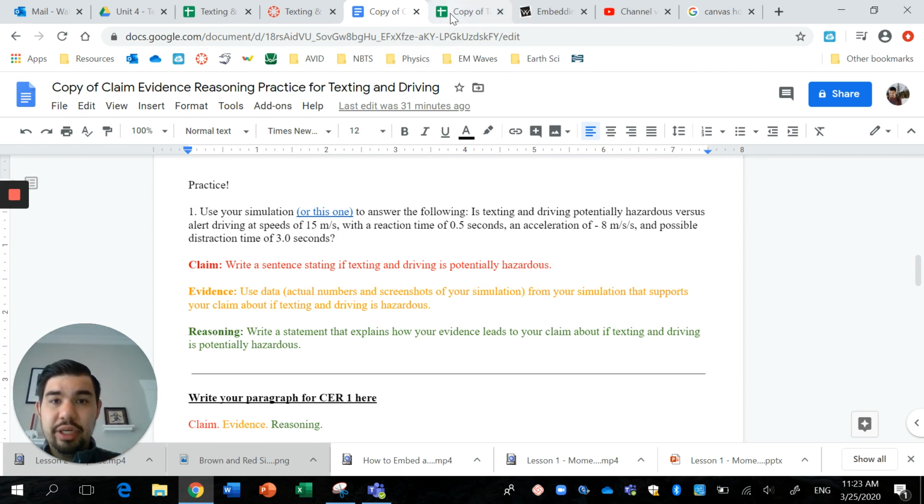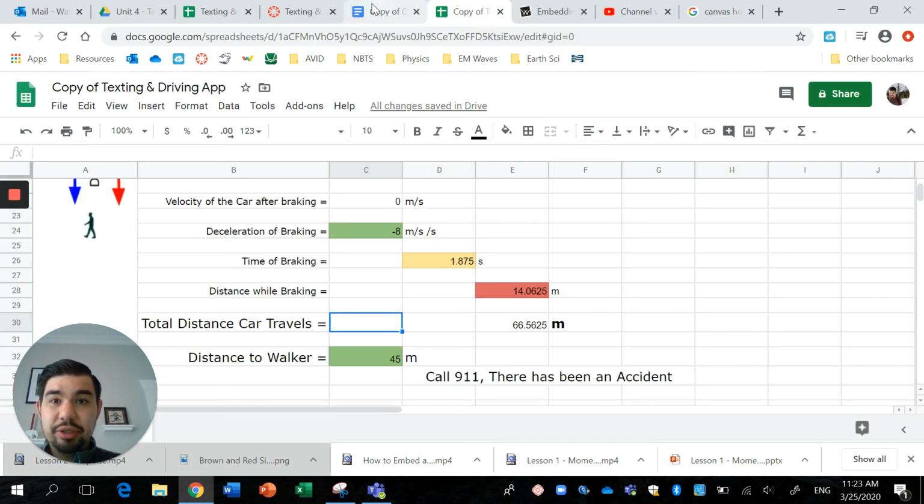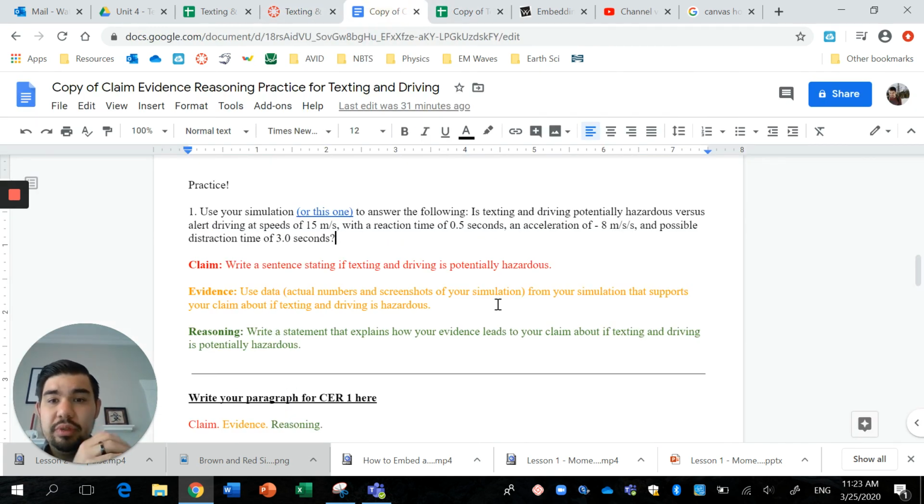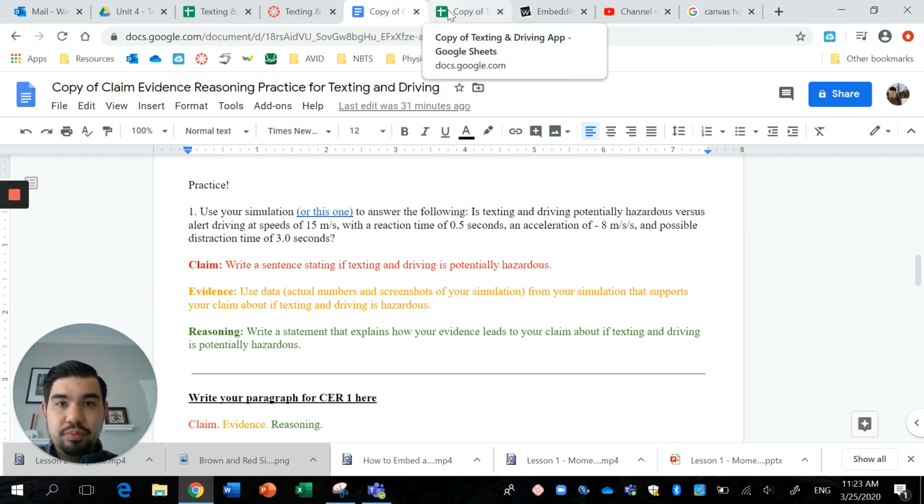Here we're getting a total of 66 meters. That might be way too far. So your claim is just writing a one-sentence statement about whether or not it's potentially hazardous. For evidence, take a screenshot of your app, of your spreadsheet, and insert it here as your evidence.